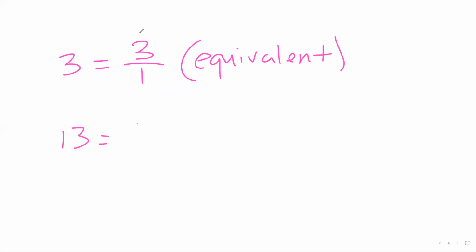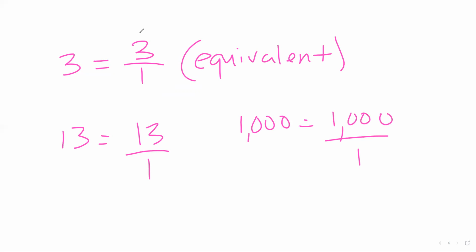Right? So 13, oh, that's 13 over 1. Okay, 1,000. Oh yeah, well, that's 1,000 over 1. Oh, it's 6. Okay, well, that's 6 over 1. 23. Well, that's 23 over 1. So this is how we really just make equivalent fractions with whole numbers. And it does just work that way.